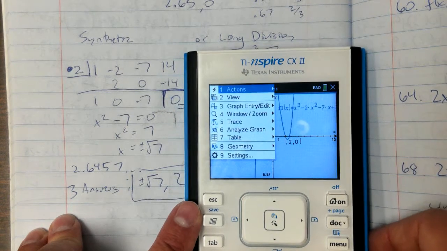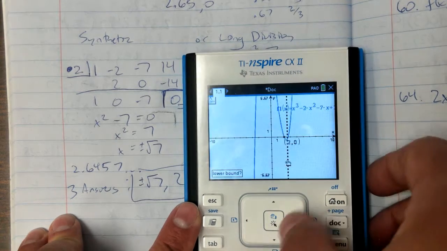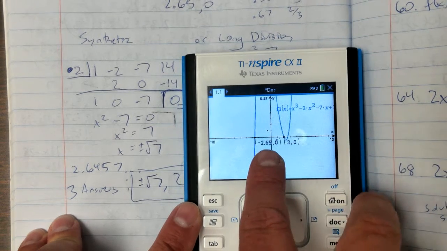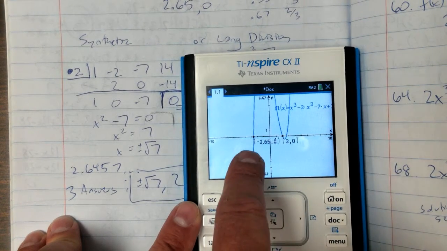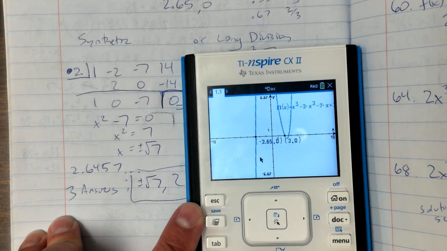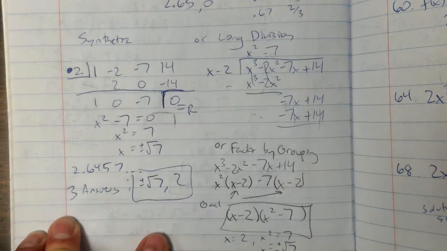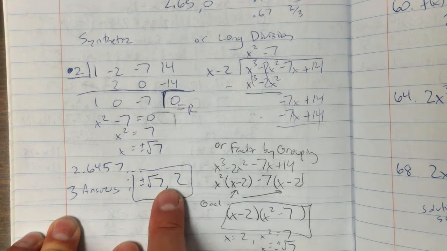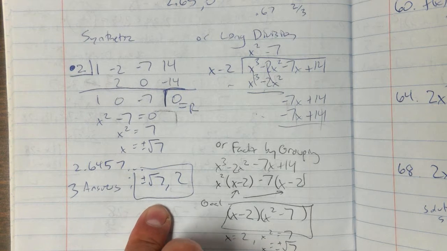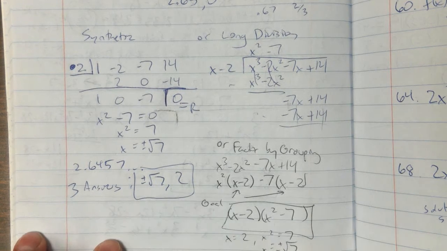If I go to this one, it shows me only 2 decimal places, which is not reliable. That's why you just need to look for the integers. And once you got your integer, then figure it out. So then there are 3 answers. You get plus and minus square root of 7, comma 2.